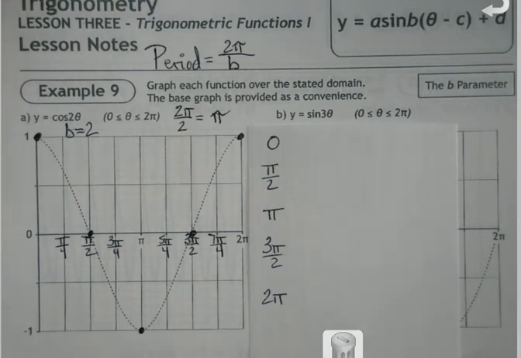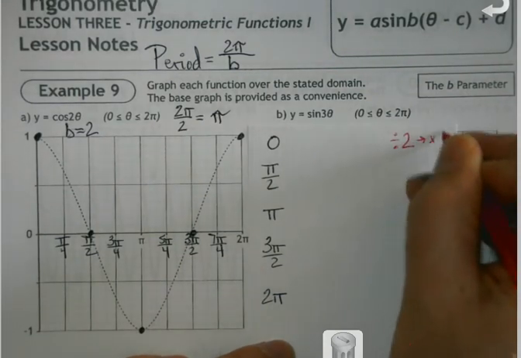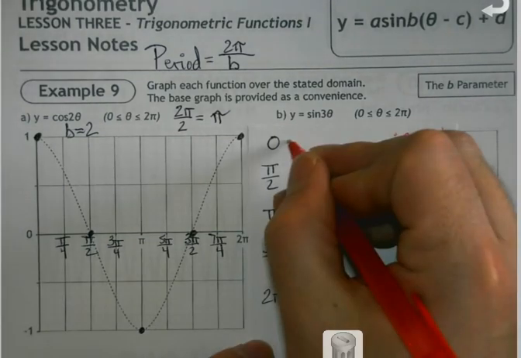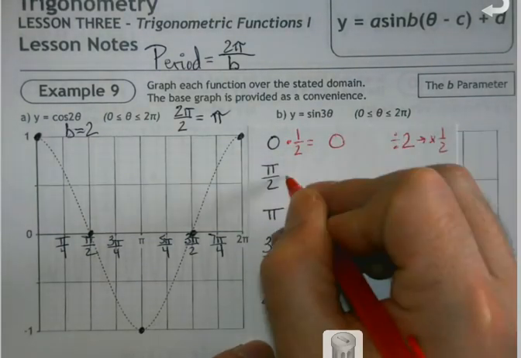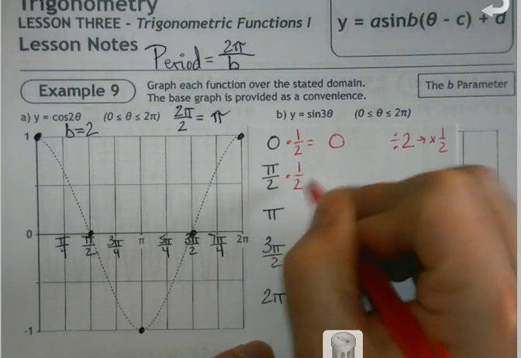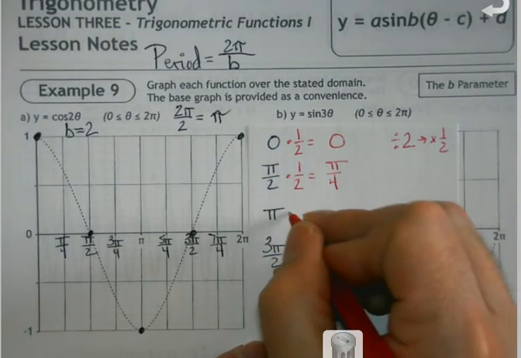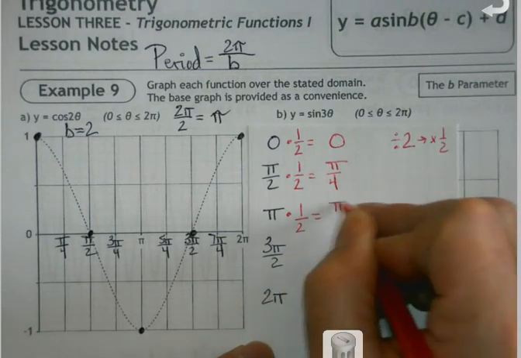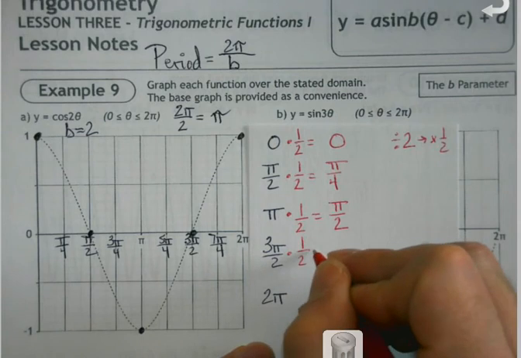Well, if you divide by 2, that's the same thing as multiplying by a half. So I'm going to multiply every one of these by a half, and that's going to give me the new place that that particular value is going to be. So stick with me for a second here.